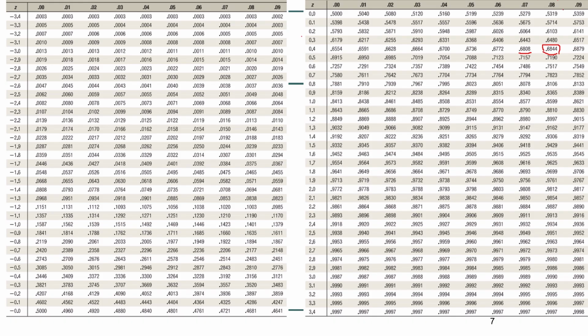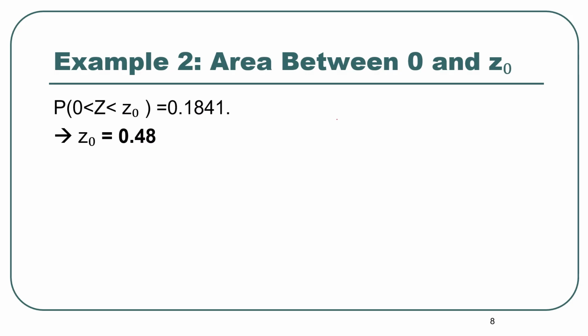So here is the 0.08, and I'm gonna stick it beside the 0.4, so the value would be actually equal to 0.48, and so the closest match corresponds to z-naught equal to 0.48, and this is the solution that will give me that the probability between 0 and this 0.48 is exactly 0.1841.